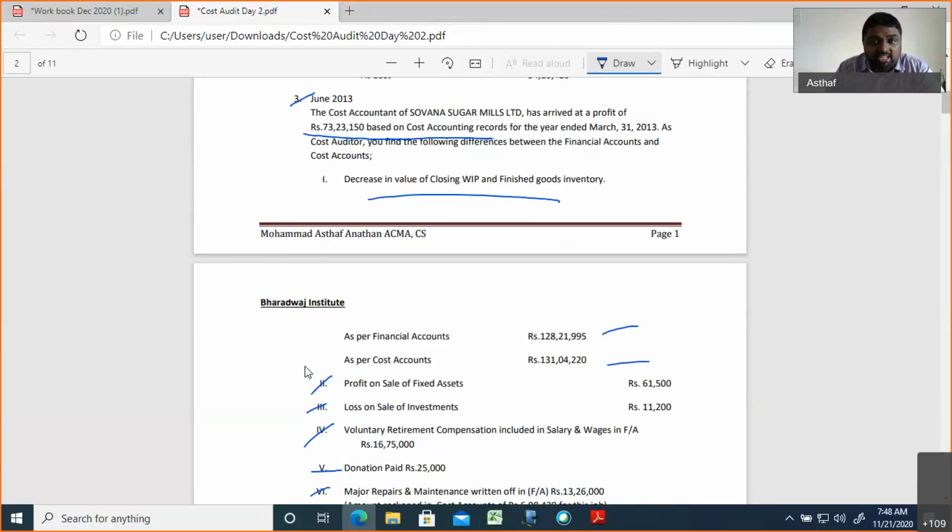If the cost is decreased more, cost profit will be less compared to financial profit. Financial profit will be more. The decrease in closing stock and value is more in cost, so the cost profit will be less. If costing it is a decrease, then financial compared to that will be an increase.